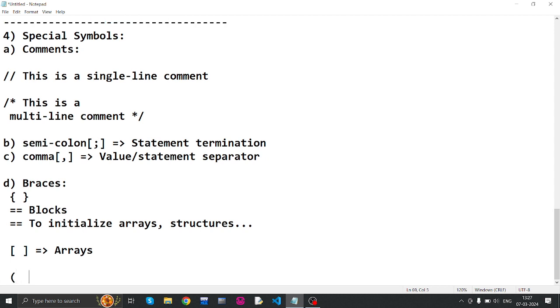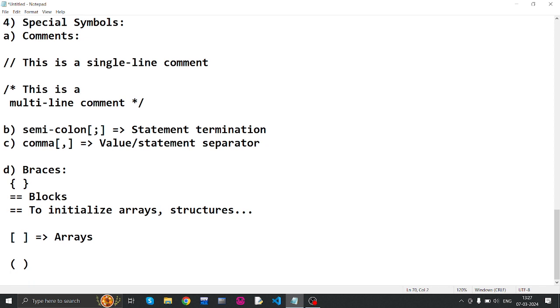The next set of symbols provided are open braces, or parentheses. They can be used for two purposes. One is to represent conditions. If I want to write a condition, like if A is greater than B, the condition is placed inside parentheses like this.